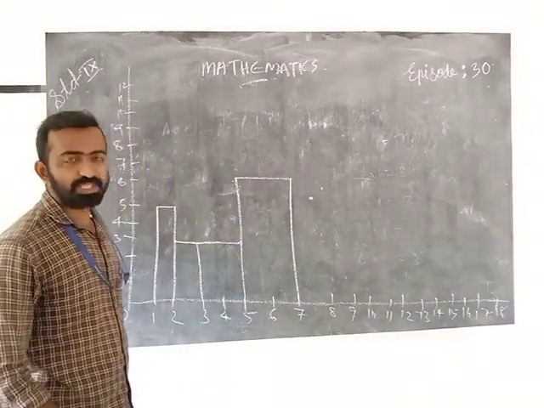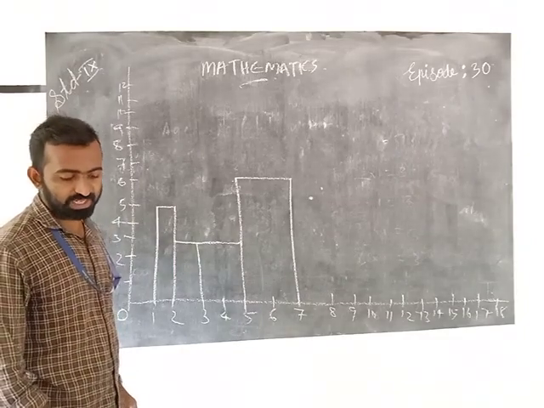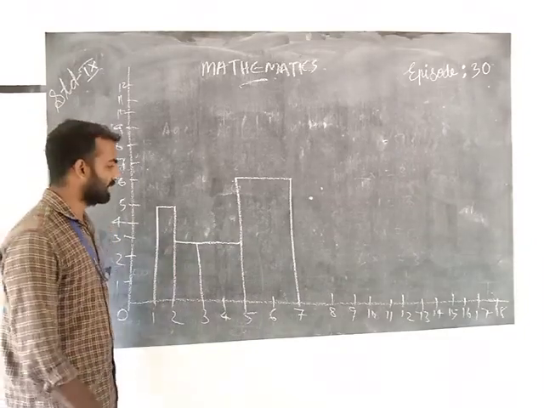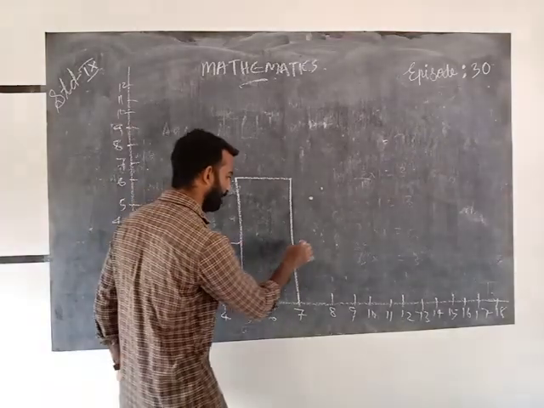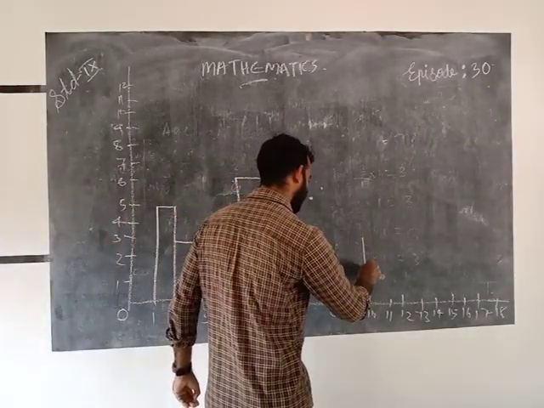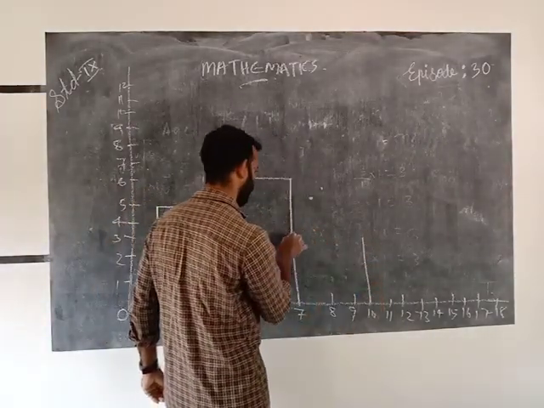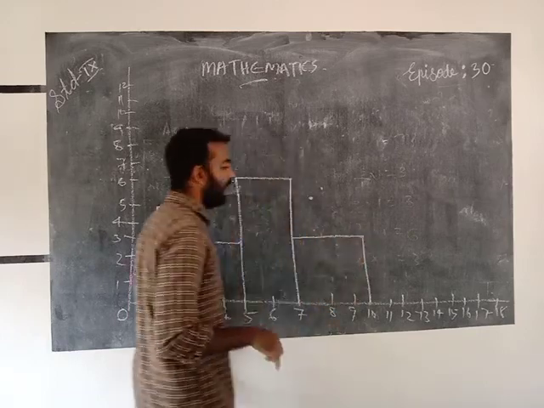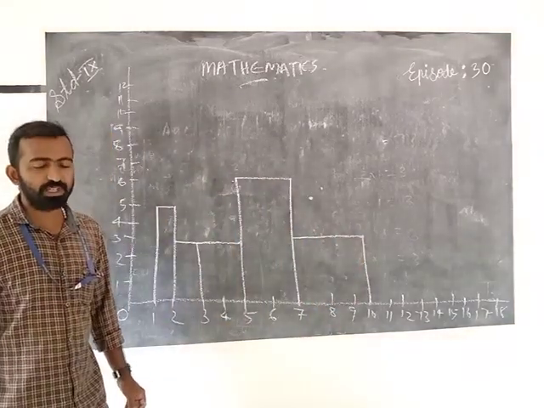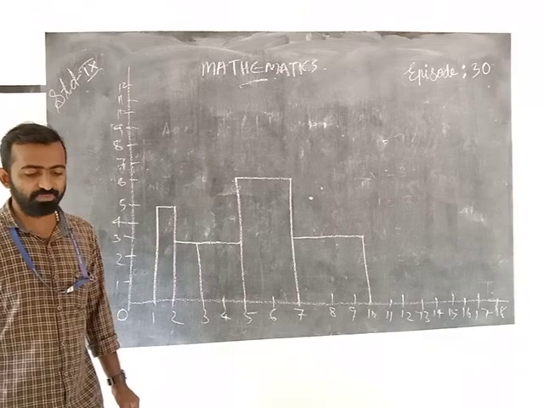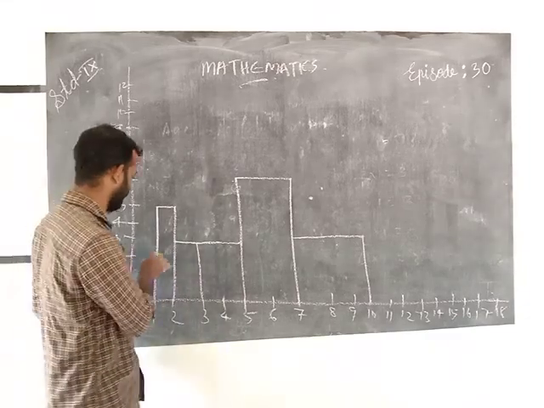And next is 7 to 10. 7 to 10 is 3. And next is 10 to 15, we get 2.